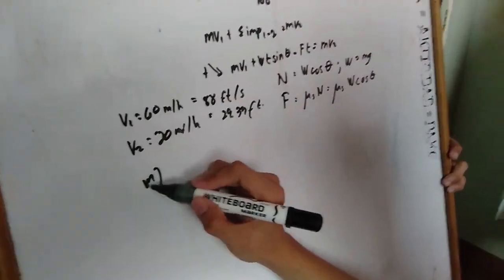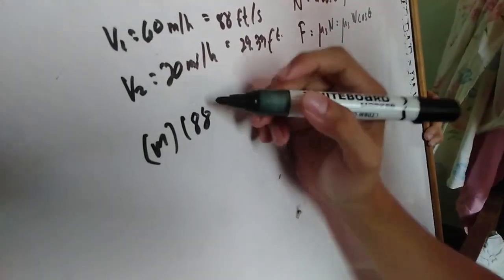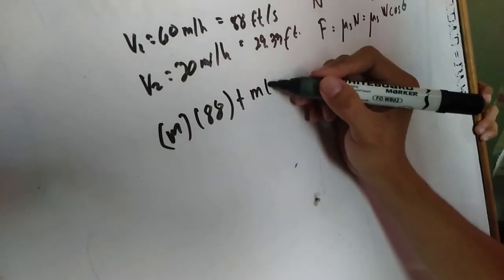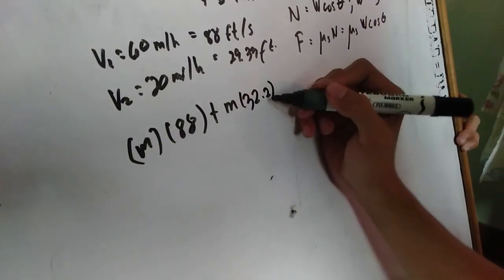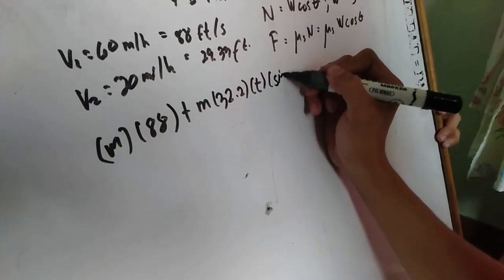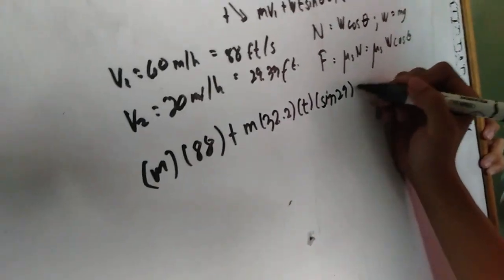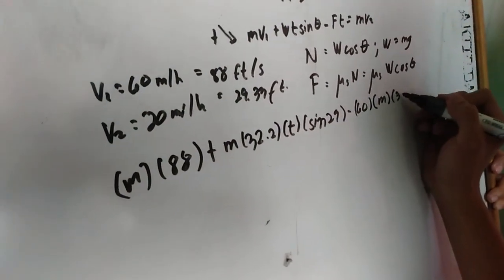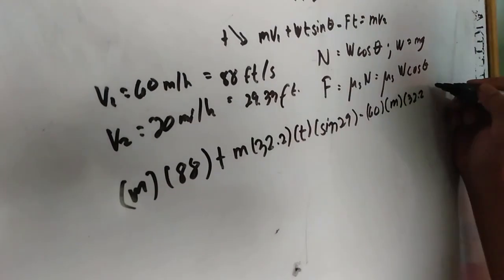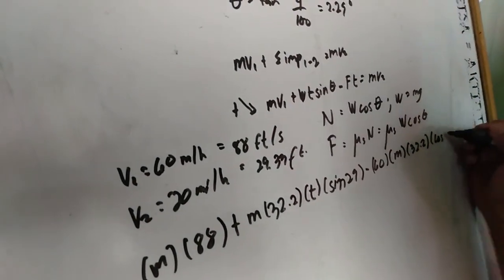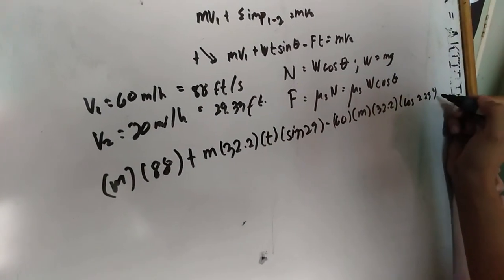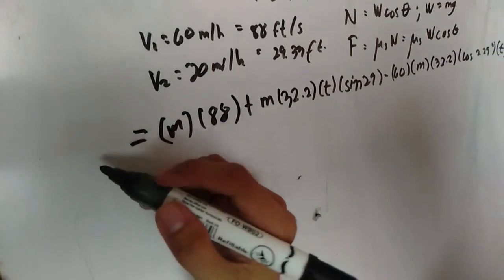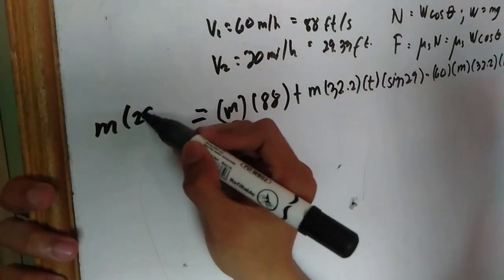So m times 88 plus m times 32.2 times t times sine 2.29 degrees minus 0.60 times natin ng m times 32.2 cosine 2.29 degrees times t is equal to m times natin 29.33.